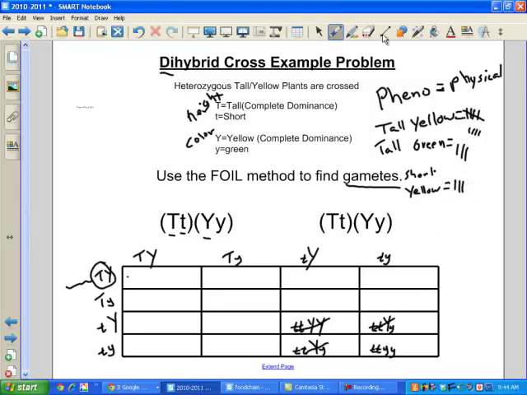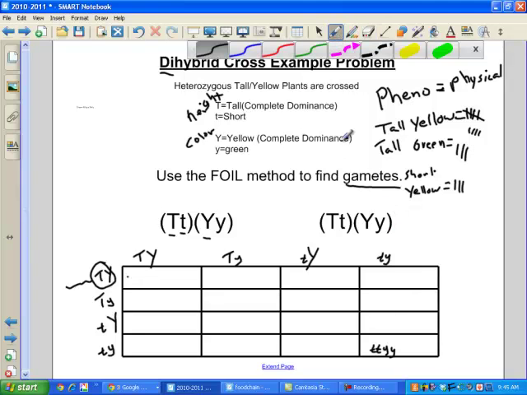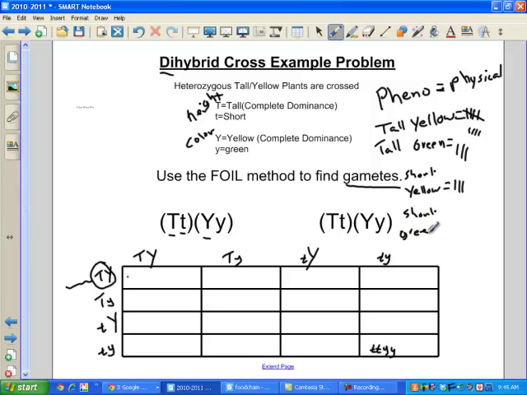So we have 3 of those. And then our last one, as you can probably figure out now, is the totally homozygous recessive one that's left, and that would be the short green. And we have one of those, and we cross that one off.